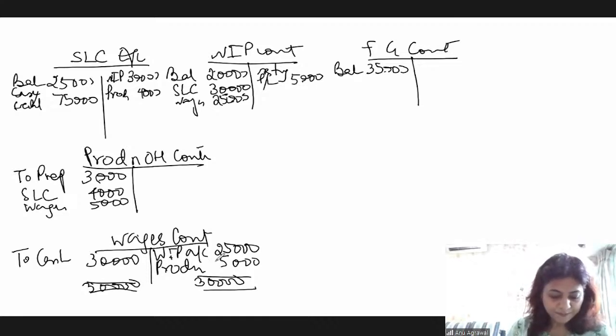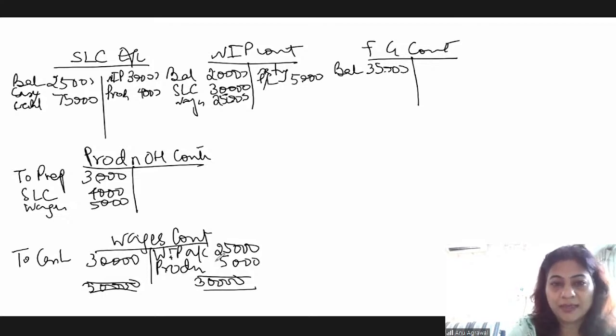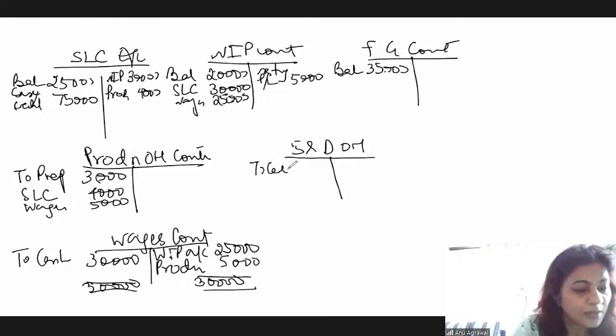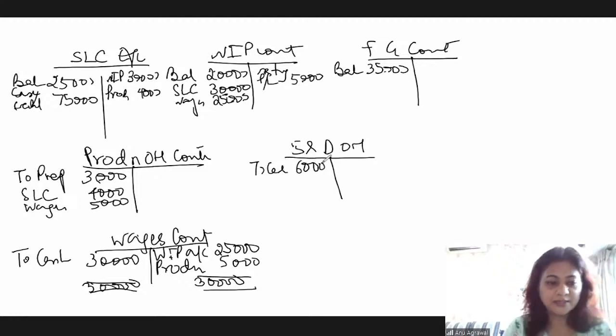Next, selling and distribution overheads incurred. So I make selling and distribution overhead control account. So again, I'm assuming to cash. How much is it? Okay. 6,000.